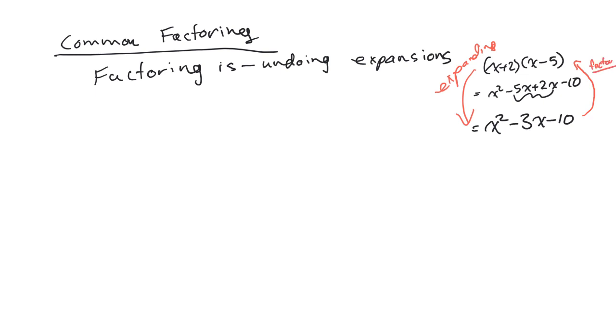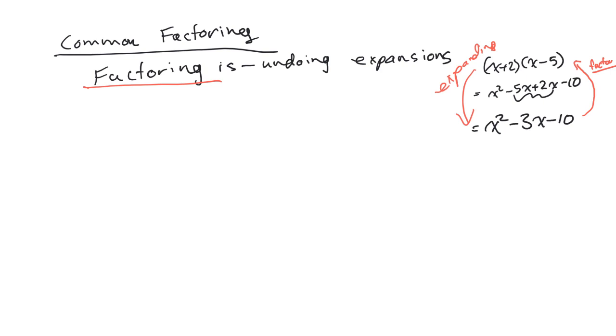So in the next 3 lessons, we're eventually going to be able to go from the final result of our binomial expansion back to a factored form, i.e. the 2 linear forms, okay? So just remember, factoring is just undoing expansion.